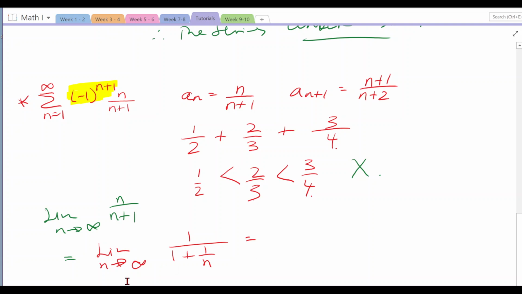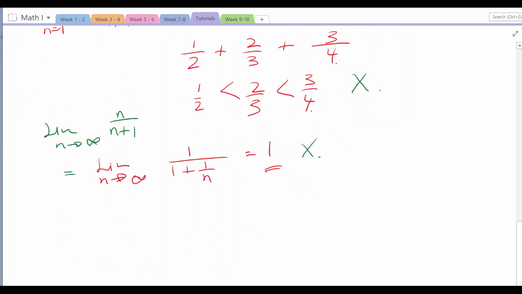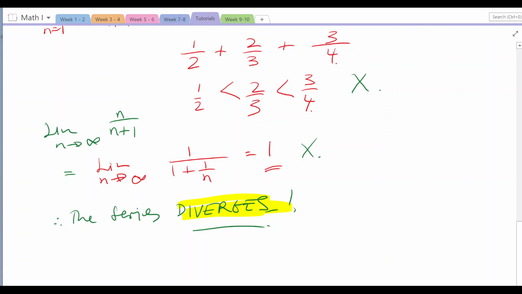You substitute infinity into n here, so 1 over infinity is 0, and the whole thing becomes simply 1. Therefore the second condition is also not fulfilled, therefore the series diverges. Okay, that's an example of the alternating series test.